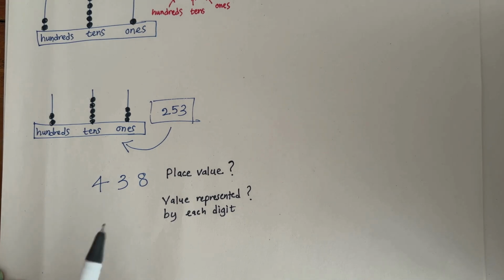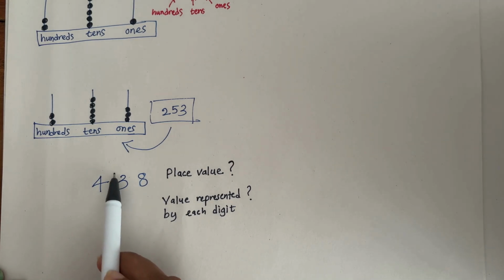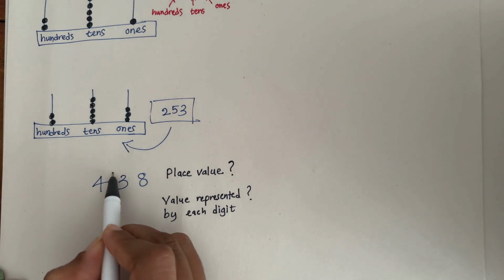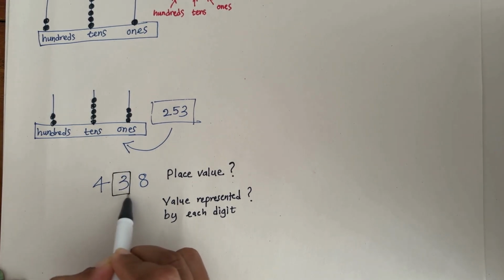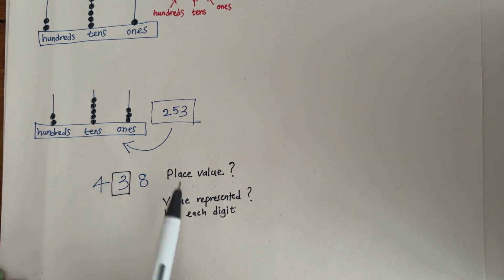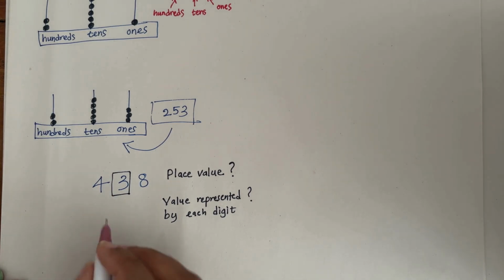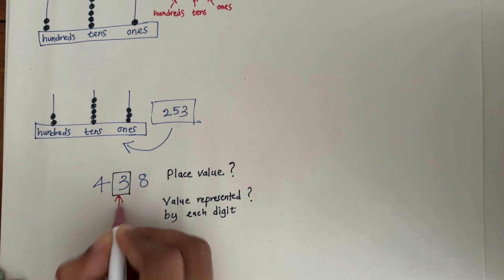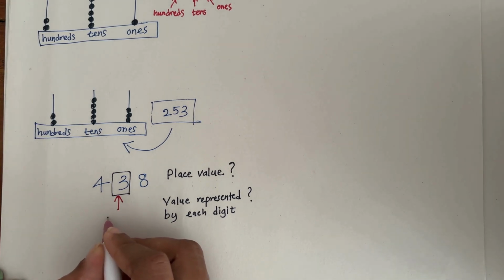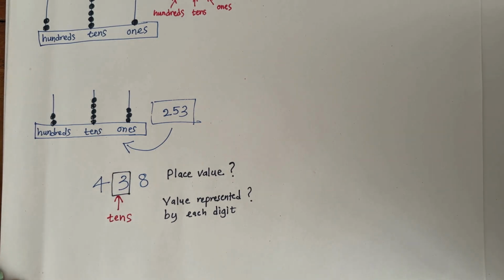I'll ask again. If I point out this digit 3, can you tell me what is the place value of this digit 3? The place value of this is, it is in tens.